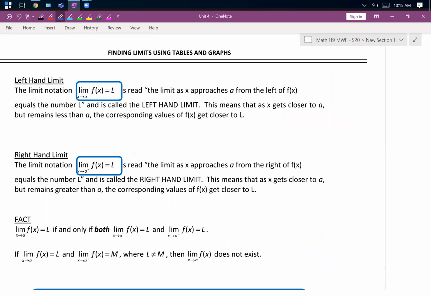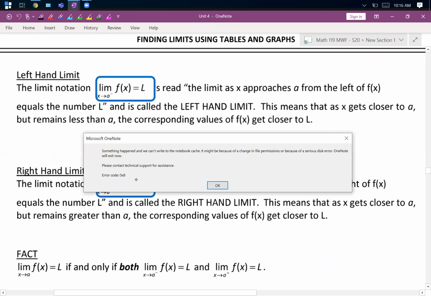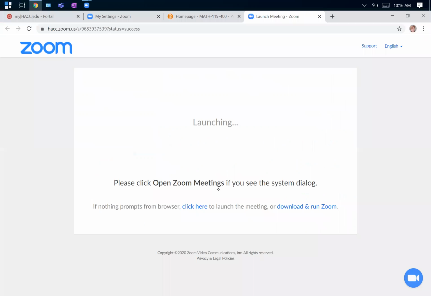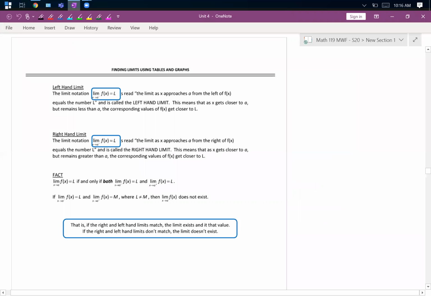So here we have the limit as x approaches a from the negative side or the left side of f of x equals L. This is called the left-hand side limit. This means that as x gets closer to a but remains less than a, the corresponding values of f of x get closer to L.